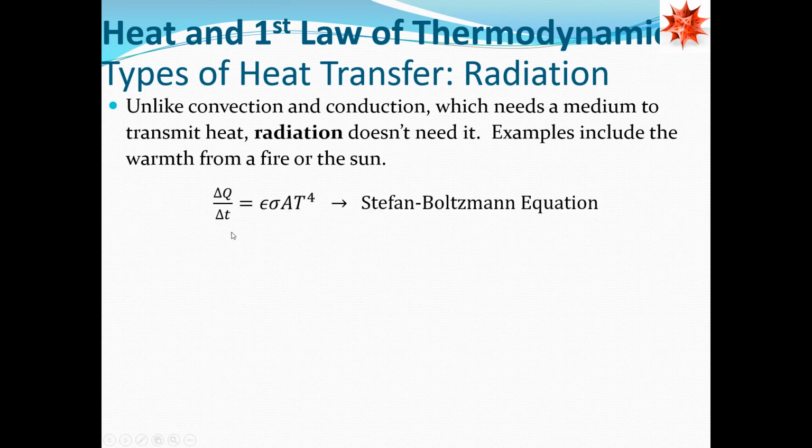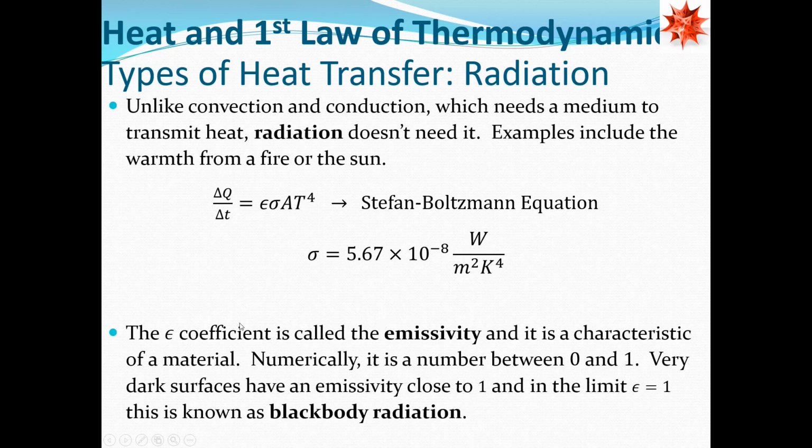The heat rate is given by this equation, which is called the Stefan-Boltzmann equation. This sigma term is just a constant, and then e is a coefficient that we call the emissivity, which is a basic characteristic of the material. The value goes between 0 and 1, and essentially it's how well the object can emit energy.